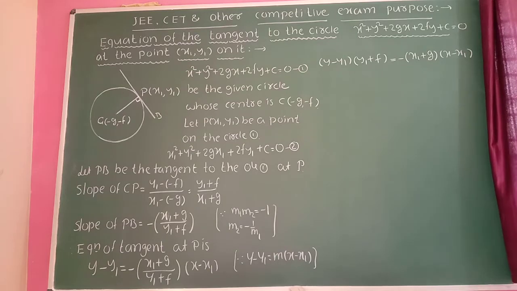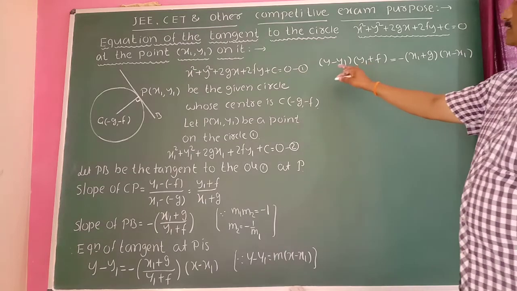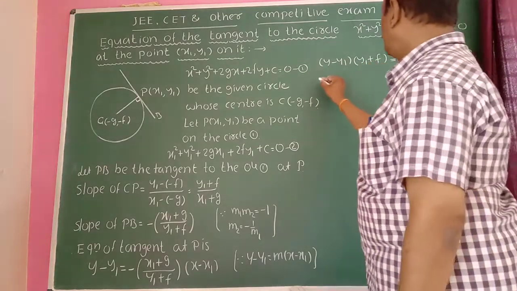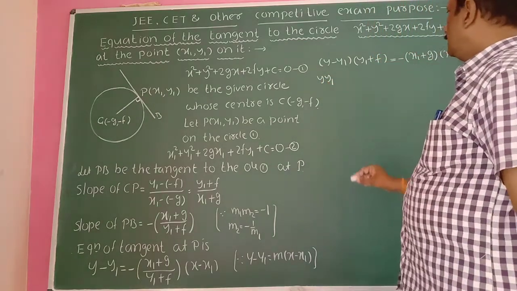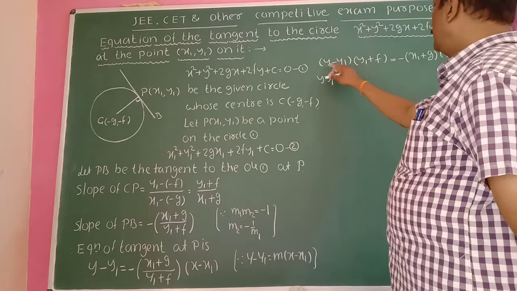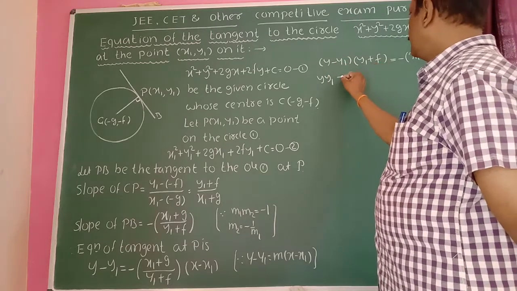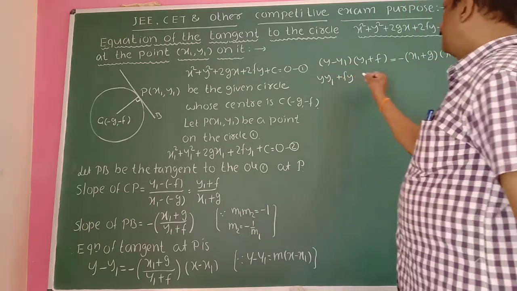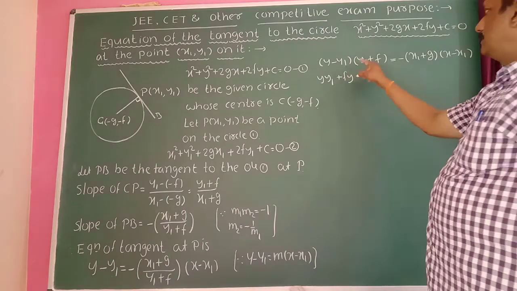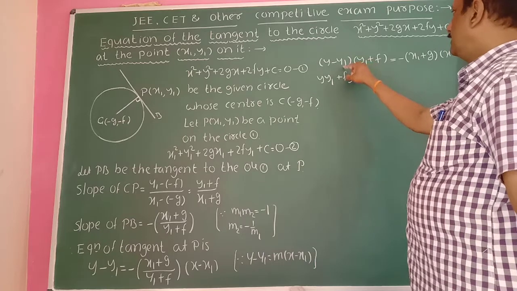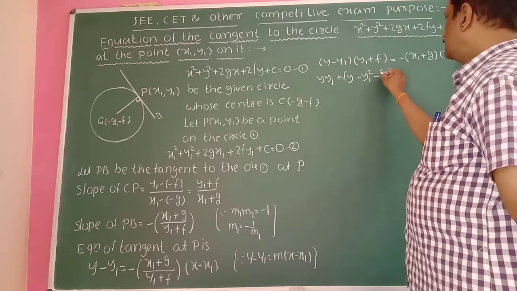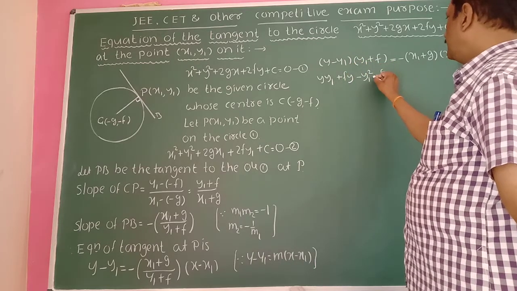Just cross multiply, then multiply these terms. y into y1 is yy1, then y into f is fy, minus y1 into y1 is minus y1 square, y1 into f is minus fy1.